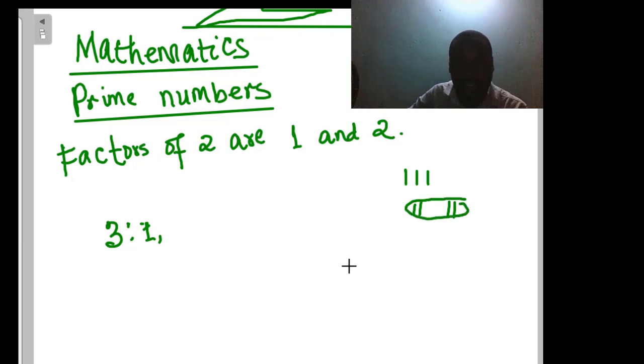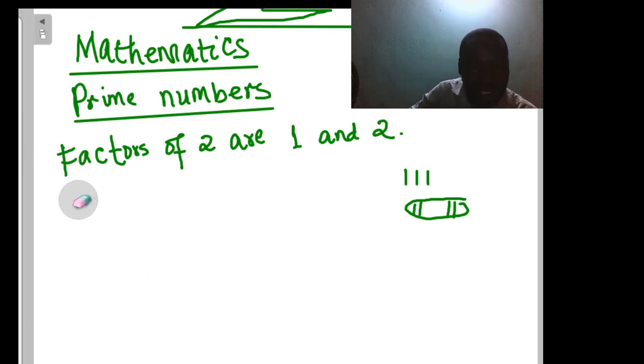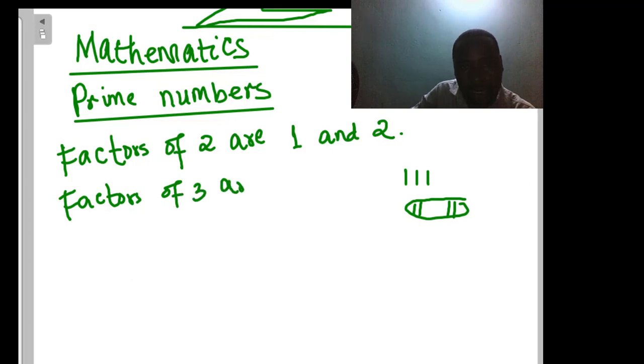If we get to 3, we discover that 3 ones is 3. That means 3 is a factor of 3. Therefore, factors of 3 are 1 and 3.